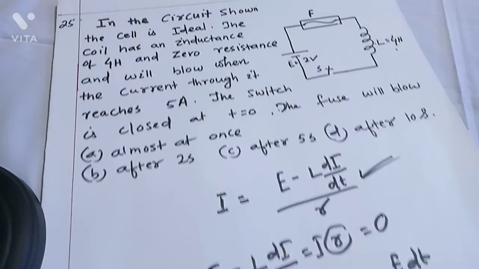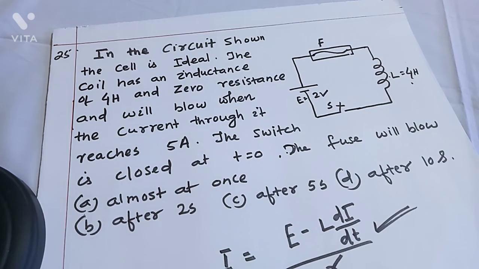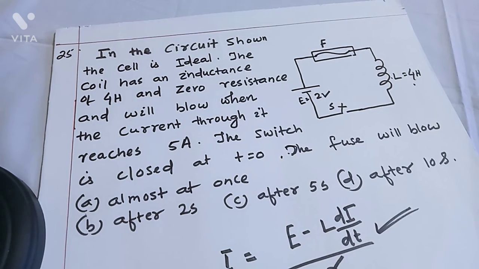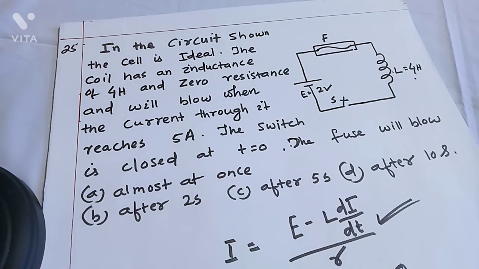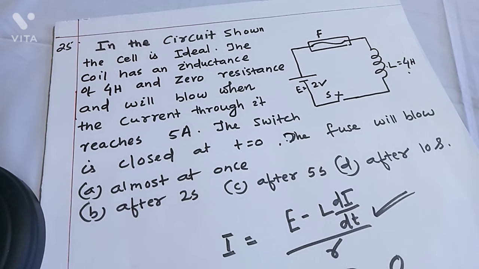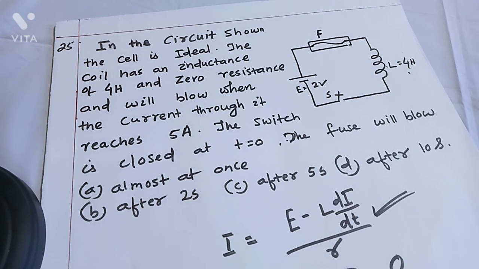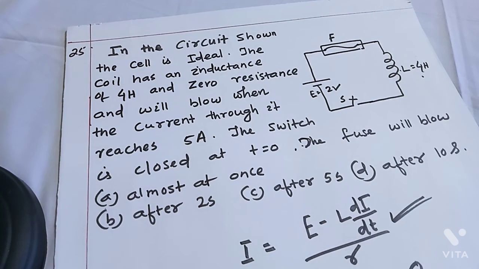Now the next question is: in the circuit shown, the cell is ideal, that means no resistance. The coil has an inductance of 4 Henry and 0 resistance. Again I am reading the question. In the circuit shown, the cell is ideal.